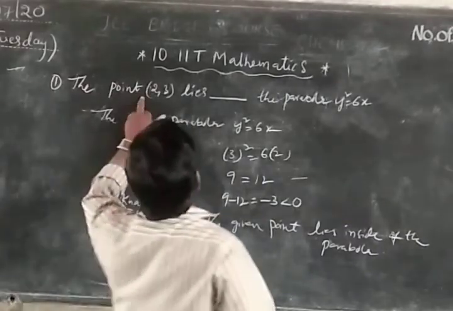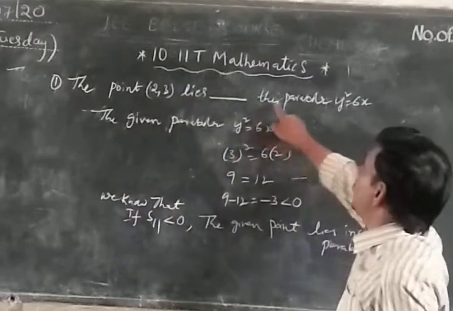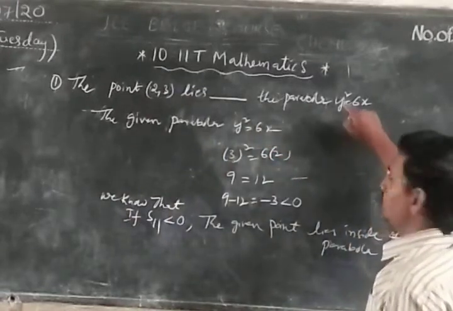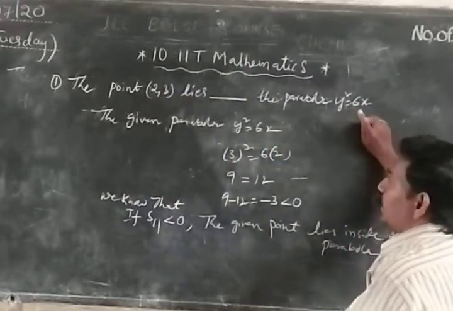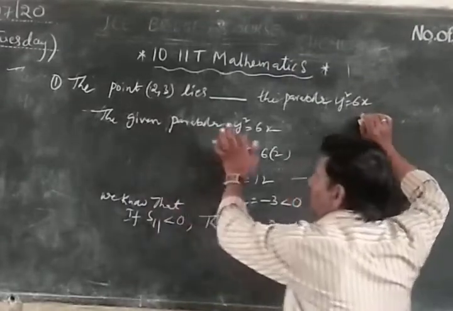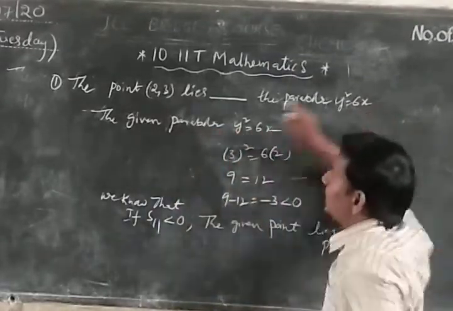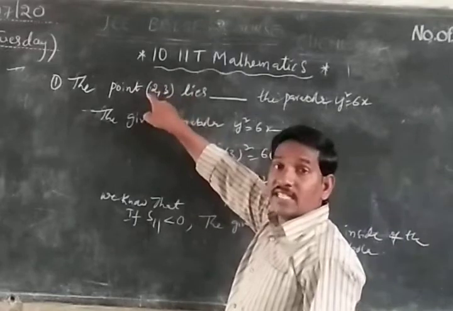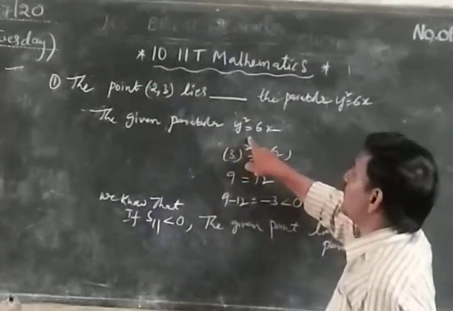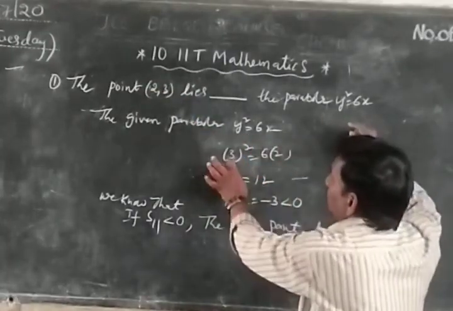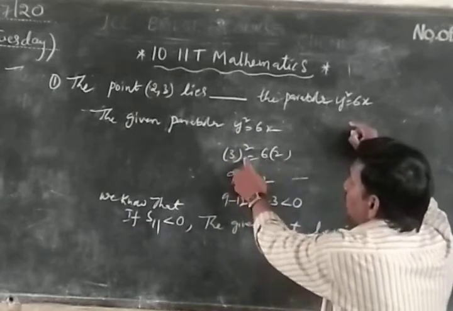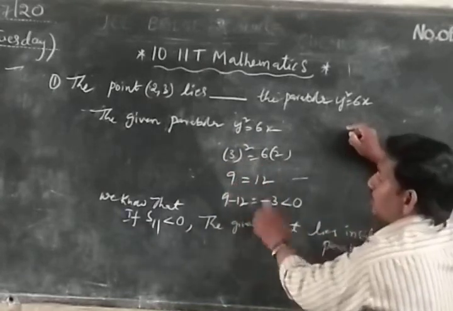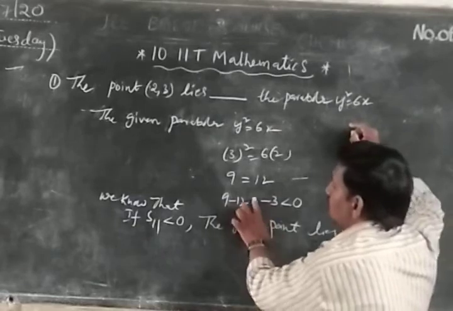The point 2 comma 3 lies dash the parabola y square is equal to 6x. So you need not find a value. The given parabola is y square equal to 6x. Substitute 2 comma 3 as x comma y: 3 square equal to 6 into 2. 3 square means 9, 9 minus 12 equal to minus 3.